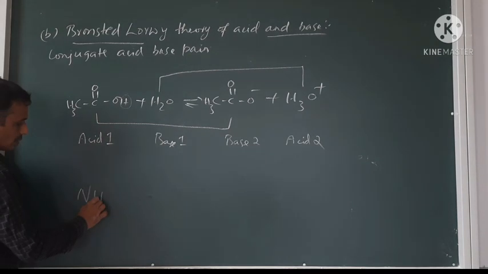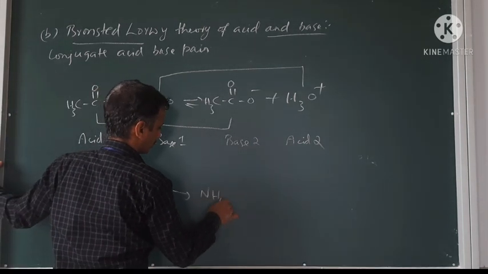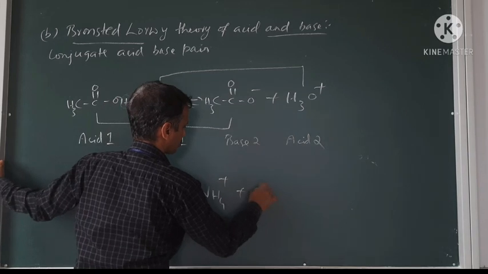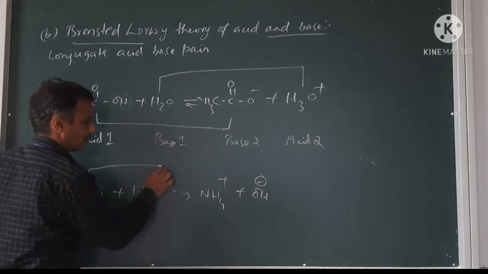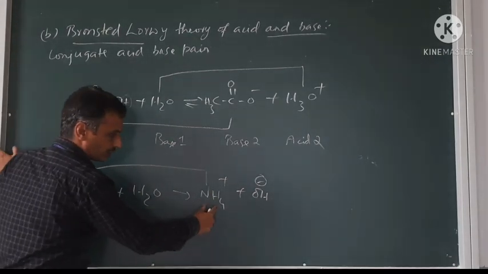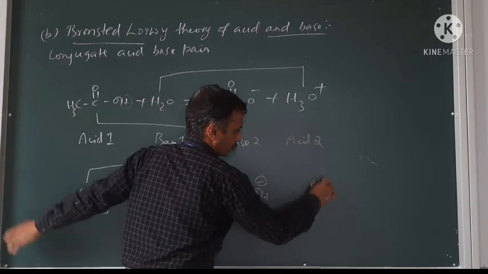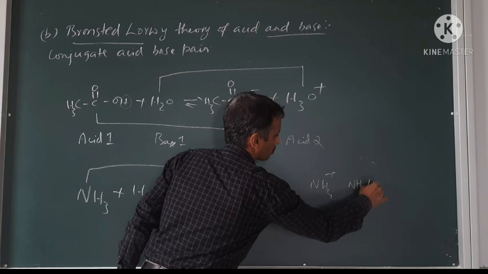Now NH3 plus water giving NH4 plus and OH minus. See, this has one H plus difference. NH4 plus can be written as NH3 H plus also.